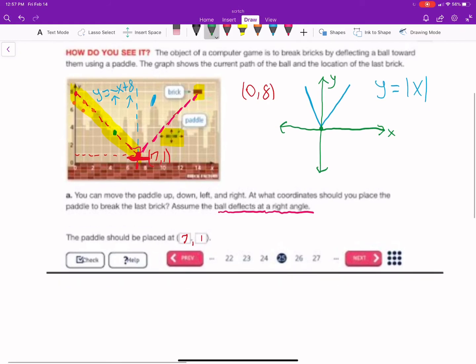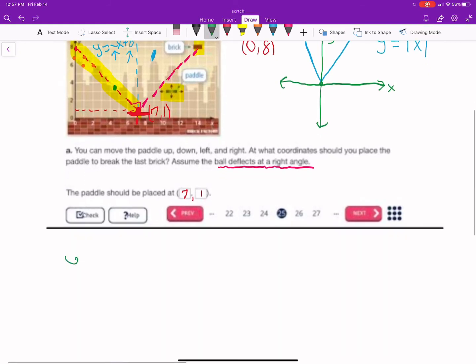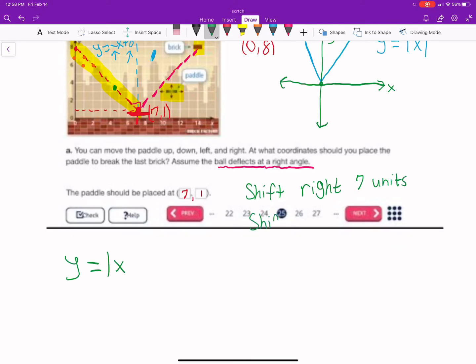So the way we would do this transformation is we would say y equals the absolute value of x. And what did we do to it? Well, there are 2 transformations. There's a shift right 7 units, and there's also a shift up 1 unit.